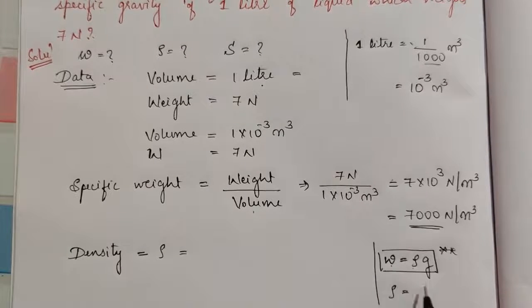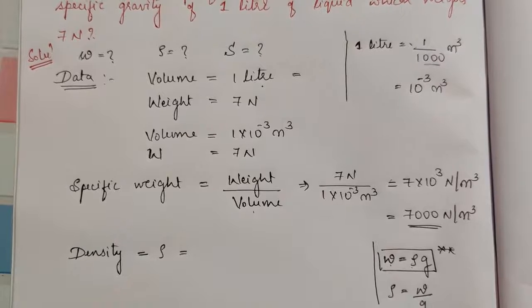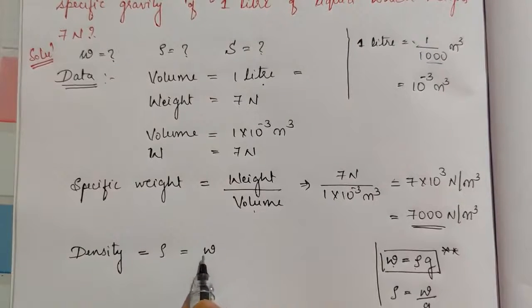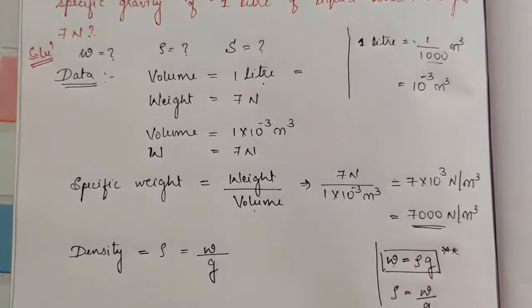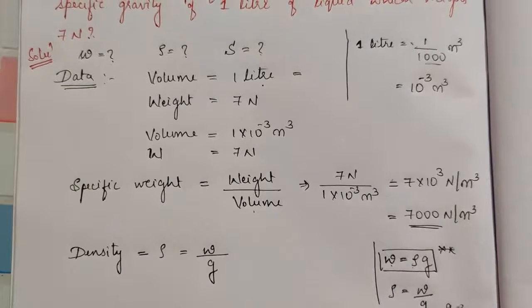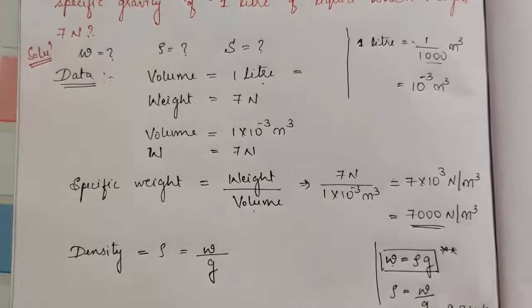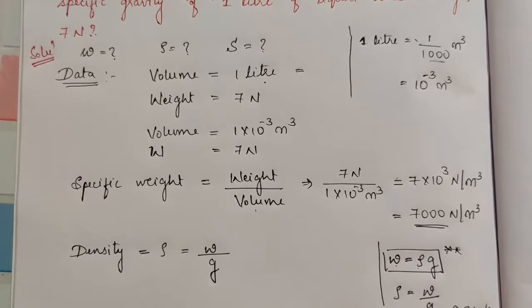Remember this. What I want is density, so I take specific weight divided by g, and g is universal, that is 9.81 meter per second squared.